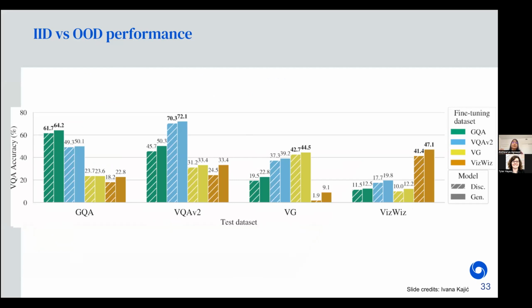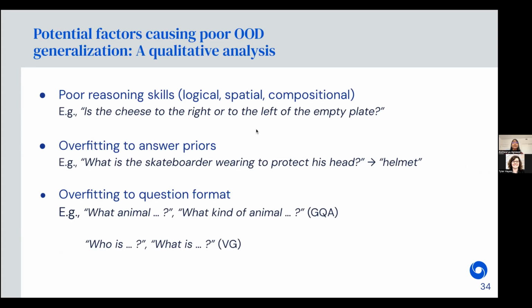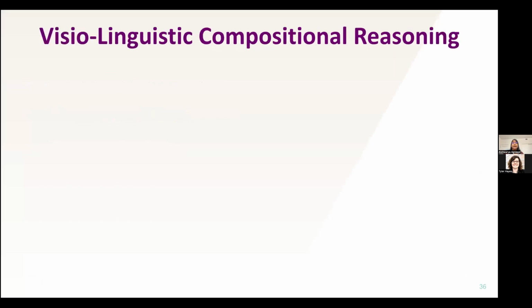And we essentially saw huge drops in the performance in the OOD generalization. So, in spite of being pre-trained on these large image caption data sets, one would expect that these models would learn some general purpose VQA features, but they in fact tend to overfit to the format of the question, tend to overfit to the answer priors, and so on. So these are still some of the things that we need to improve upon.